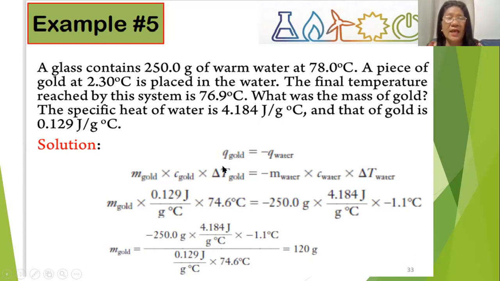When you put it into the hot water, the initial temperature is 2.3. Then after it mixes, the final temperature is 78 minus 2.3. How much is it? It is 74.6, because this is the final minus the initial.